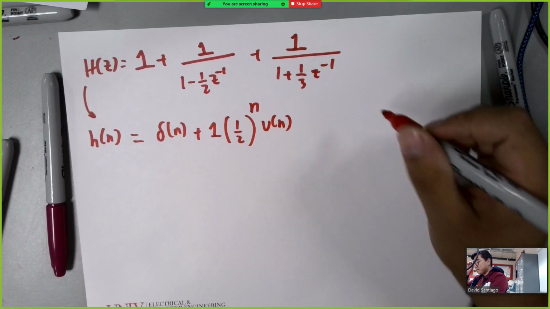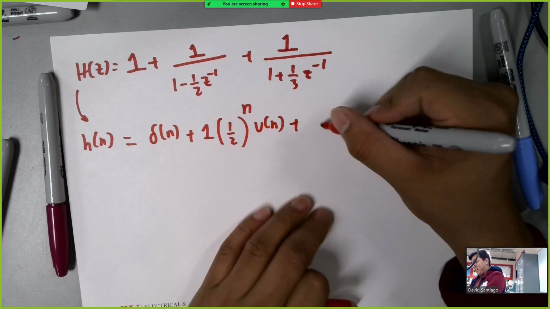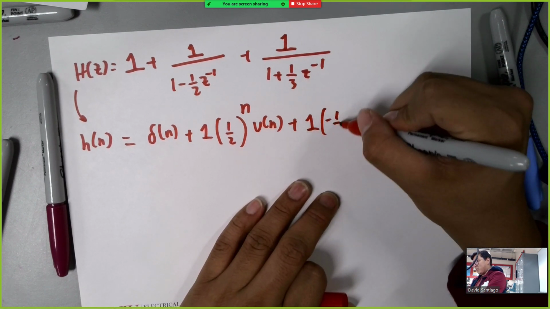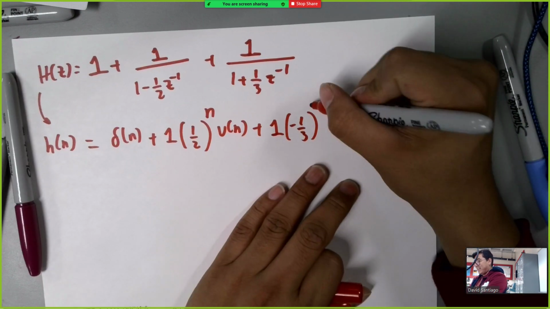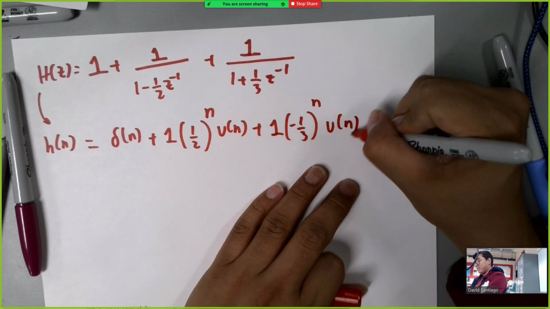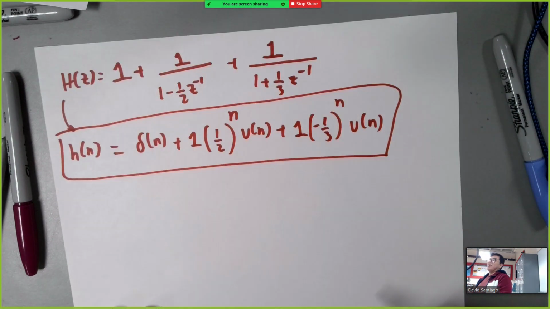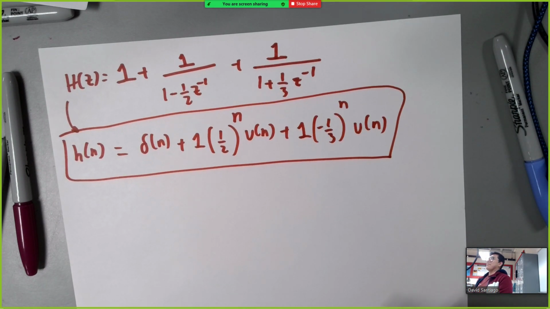Cool. And now our final term, 1, and this pole is at minus 1 over 3, to the n, u of n. And there you go. Who's ready to prove this in Matlab?